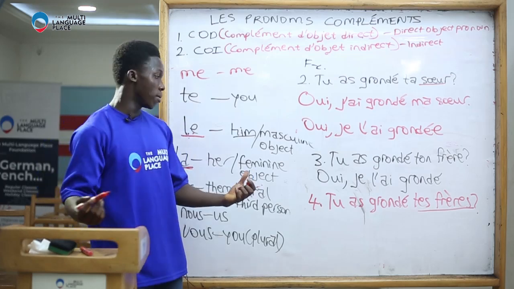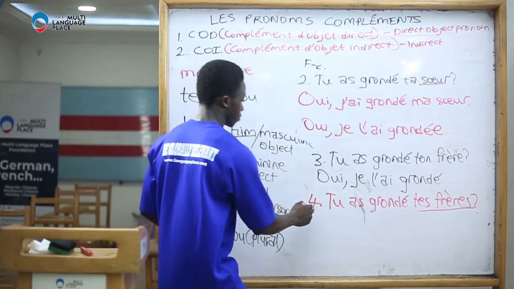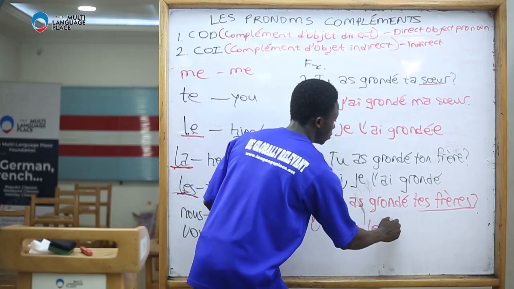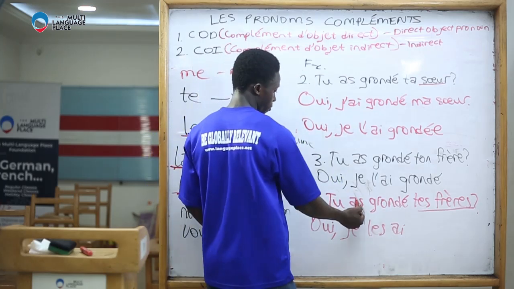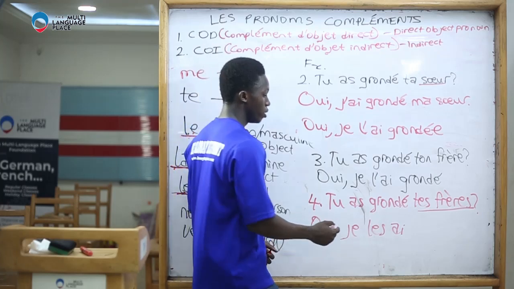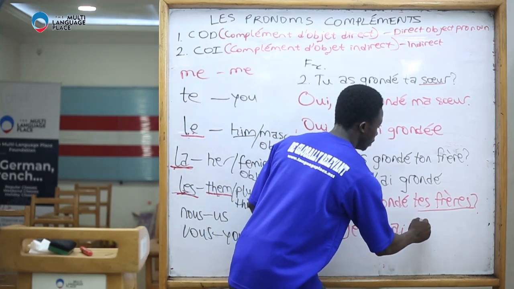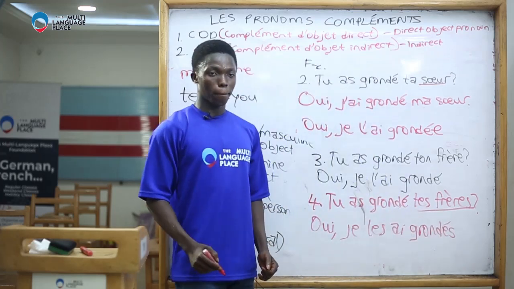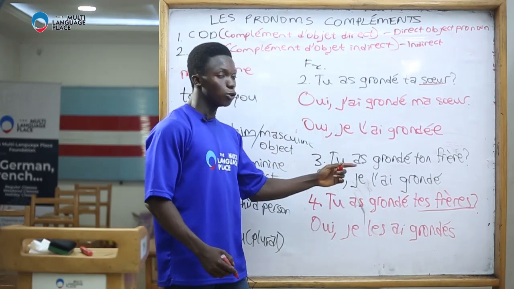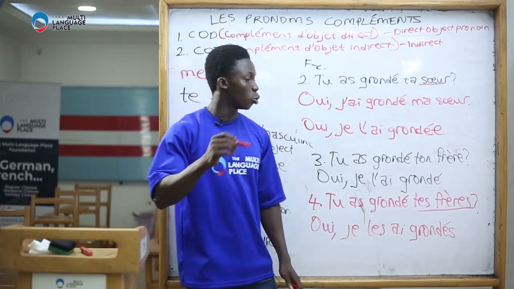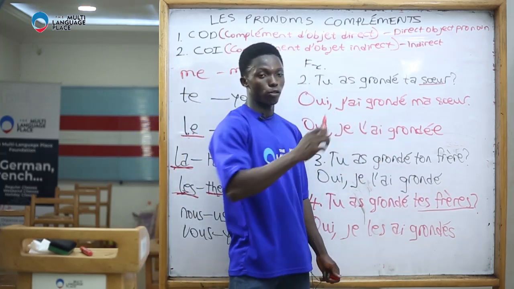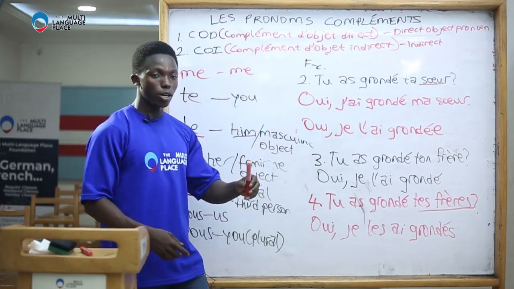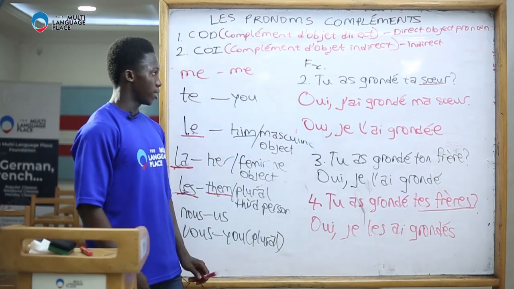Did you scold them? Oui, je les ai. Remember, the COD comes even before the auxiliary verb. Oui, je les ai grondés. And then I add S. Why? Because whenever you are using COD with passé composé, you take note of the gender and the number of the person you are replacing with COD. Remember, we are talking about pronouns. Pronouns replace nouns.